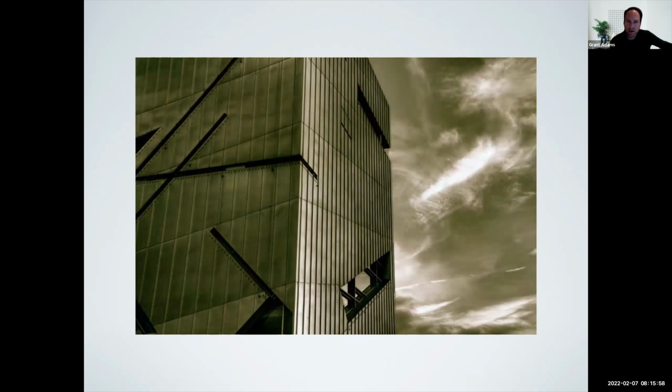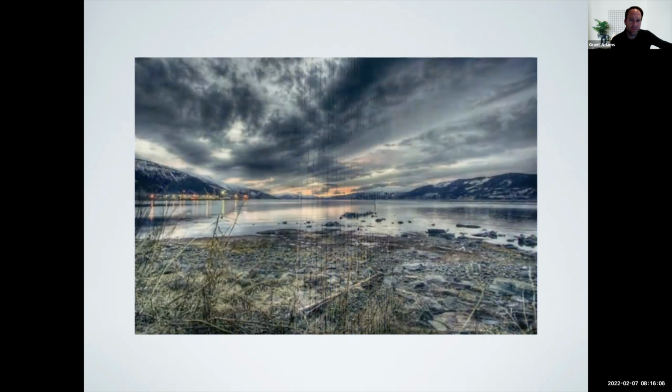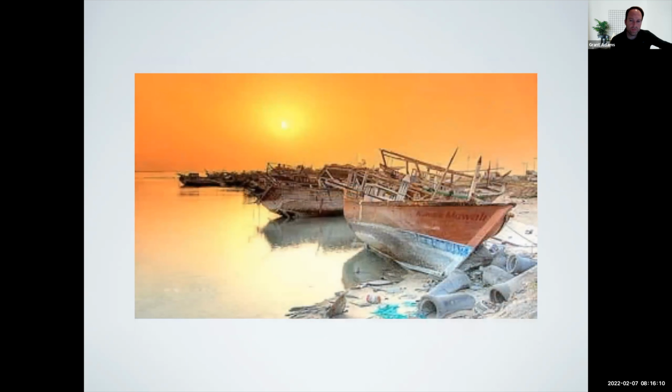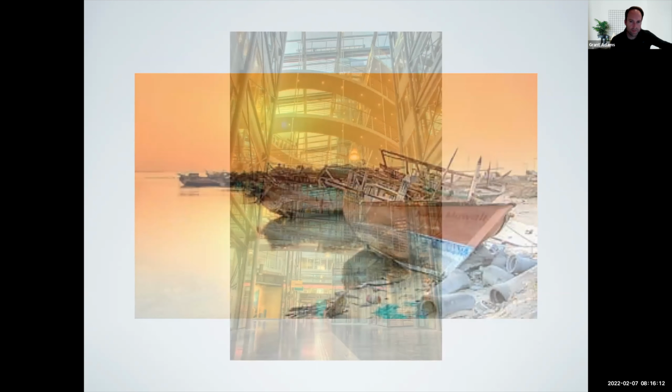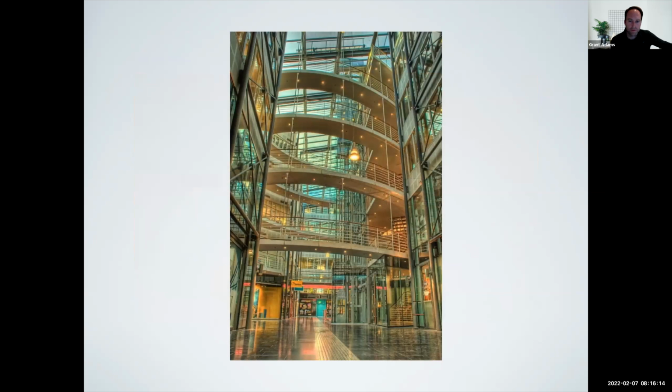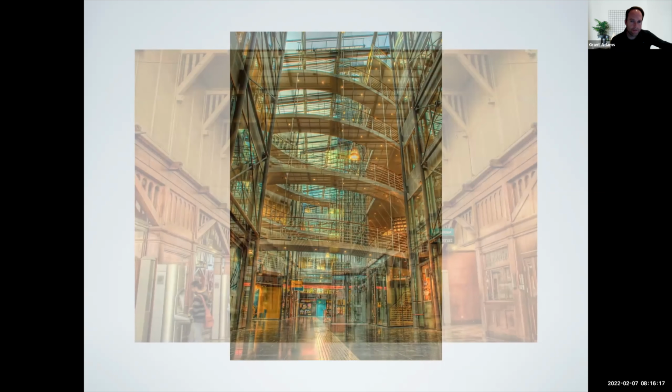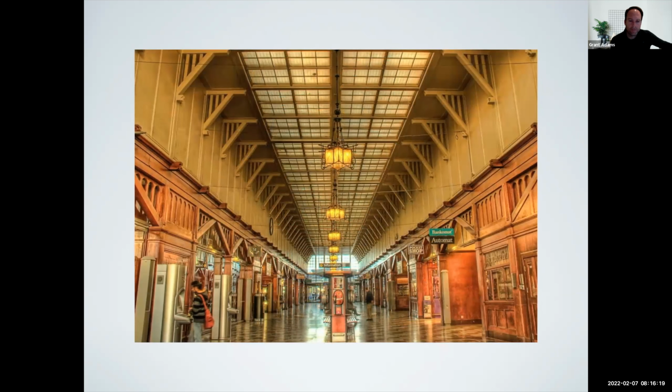Another example here where the mood of the image is really enhanced by the HDR, but it didn't really look like that. So this one is certainly a realistic scene, but there's something about how orange everything turned out that just makes it a little bit over-processed.